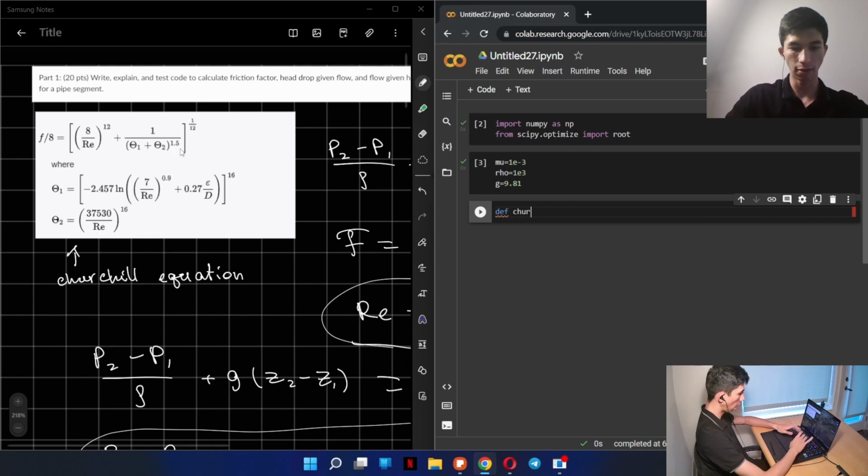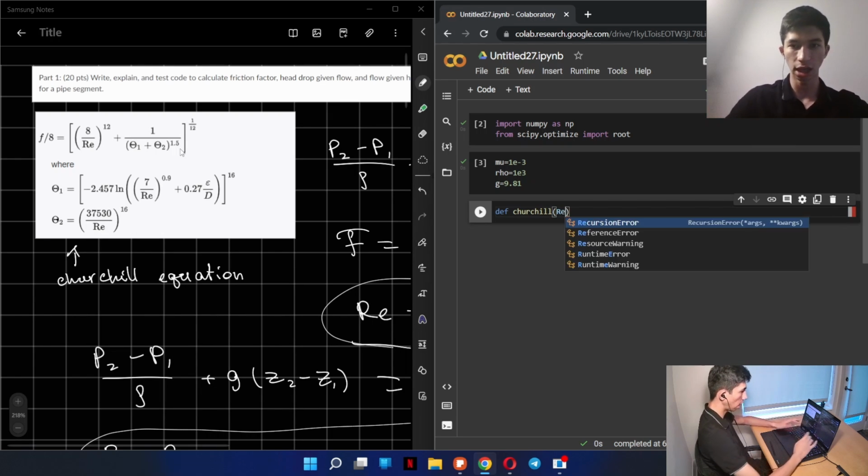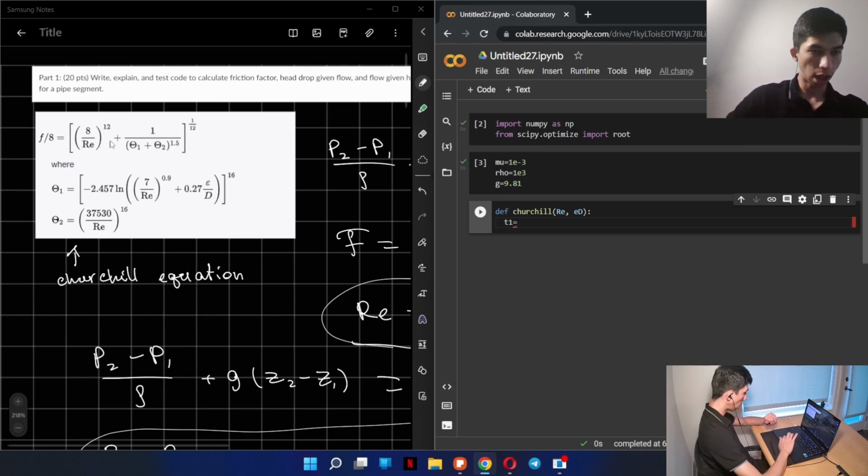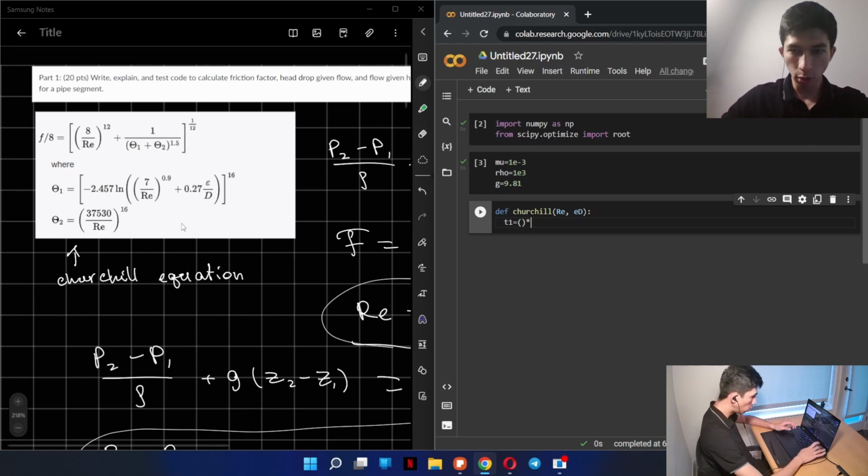So let's say we have a function Churchill. What values is it going to need? It's going to need a Reynolds number and e over D, which is the roughness of a pipe. Let's say we have T1, theta 1, and we need to type this equation. So for the outer we have to the power of 16.